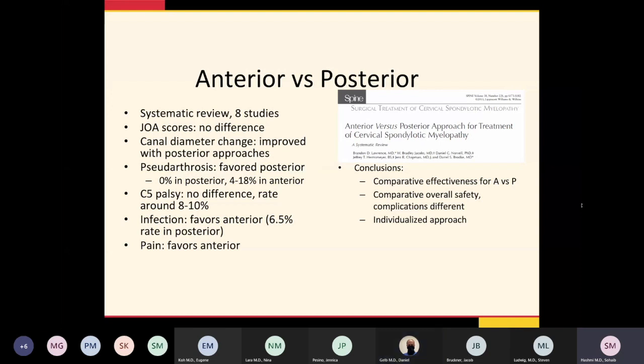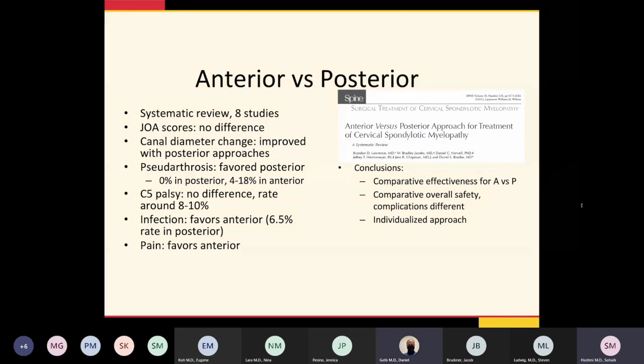Getting into whether anterior or posterior surgery is more beneficial, efficacious in these patients. There are a few systematic reviews looking at studies. One of these more recent systematic reviews looked at 8 studies that showed no difference in the JOA scores and compared the canal diameter change improved with posterior approaches overall.